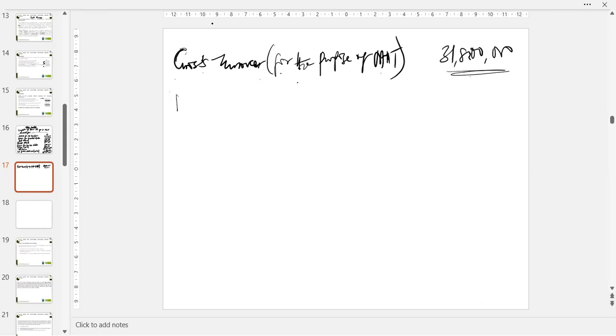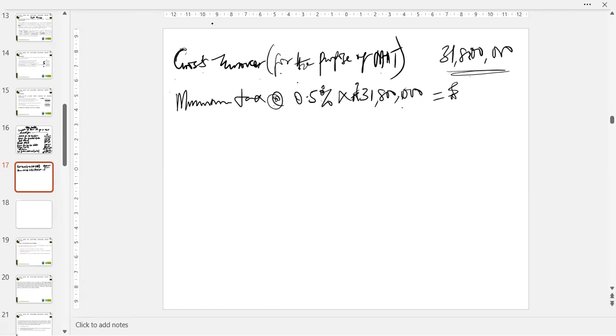So our minimum tax will now be what? Minimum tax at 0.5% multiplied by 31,800. So what do we have? 0.5% multiplied by 31,800.